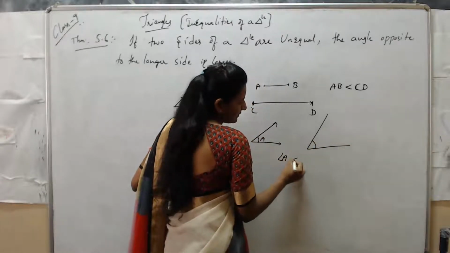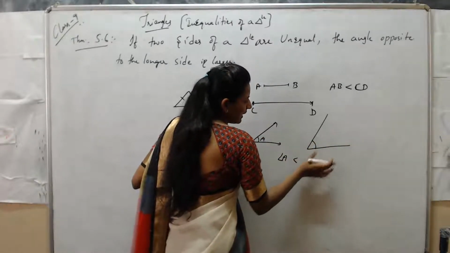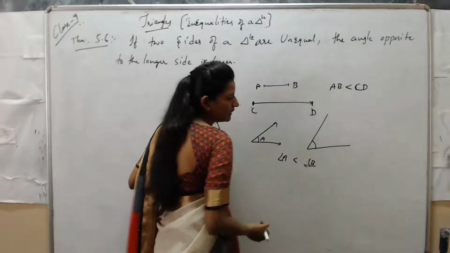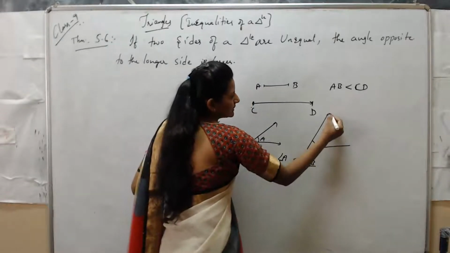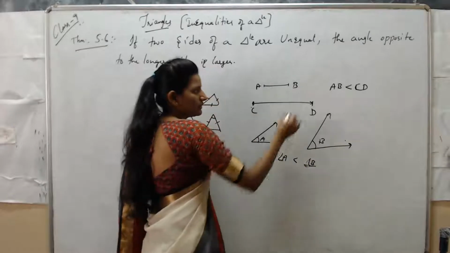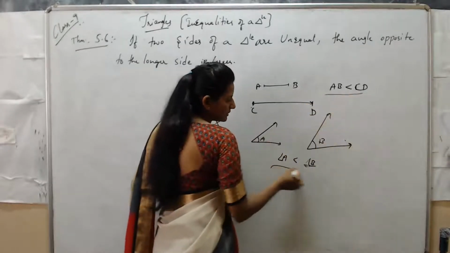Angle A is less than angle B. This is also unequal.